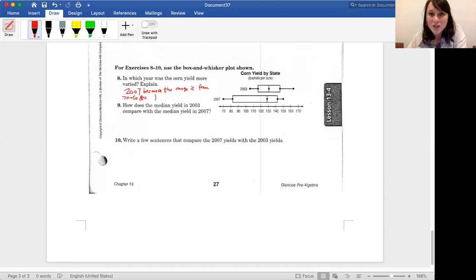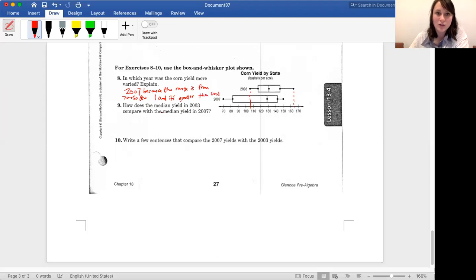Whereas in comparison to 2003, the yield range is between like 165 and 105. So the difference is like 60. So the range is smaller in 2003, and the range in 2007 is greater. Okay, so that's all you would really say. You'd explain why: 2007, because the range is 80 and it's greater than 2003.